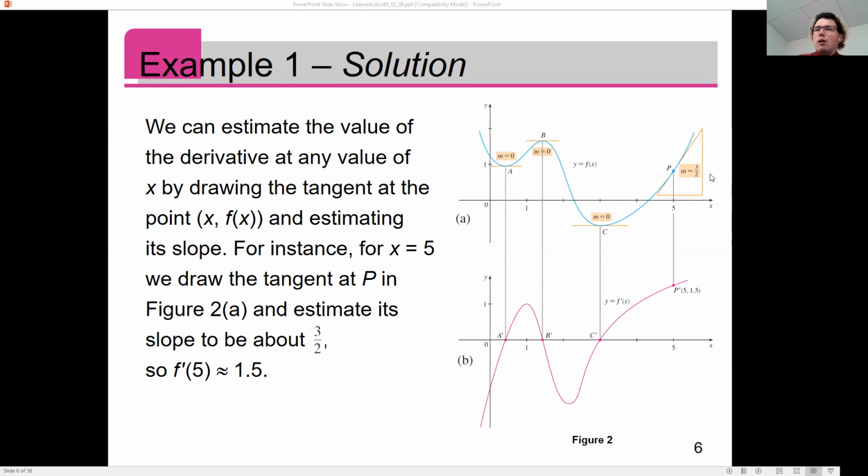Now, when I look at this graph, I see that there's places where there are horizontal tangent lines. Those are all places where the function is neither decreasing nor increasing. The places where the function is increasing are going to have positive slopes, right?